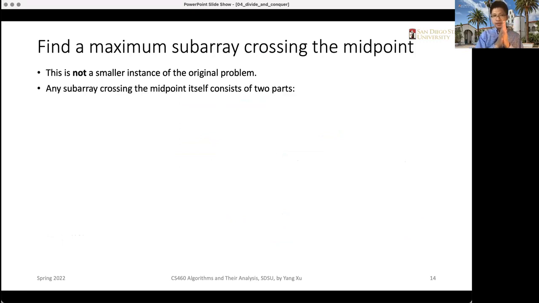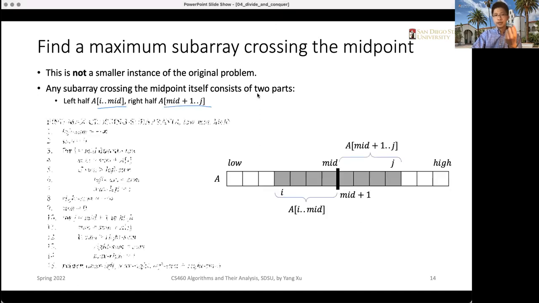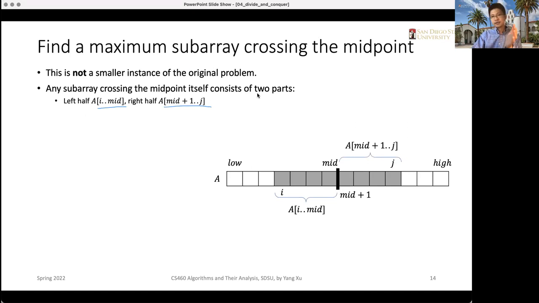Okay, the subarray that crosses the midpoint actually consists of two parts, as we showed in the previous slide. The left half is from i to mid, and the right half is from mid plus 1 to j. So how do we find the subarray that has the maximum summation?